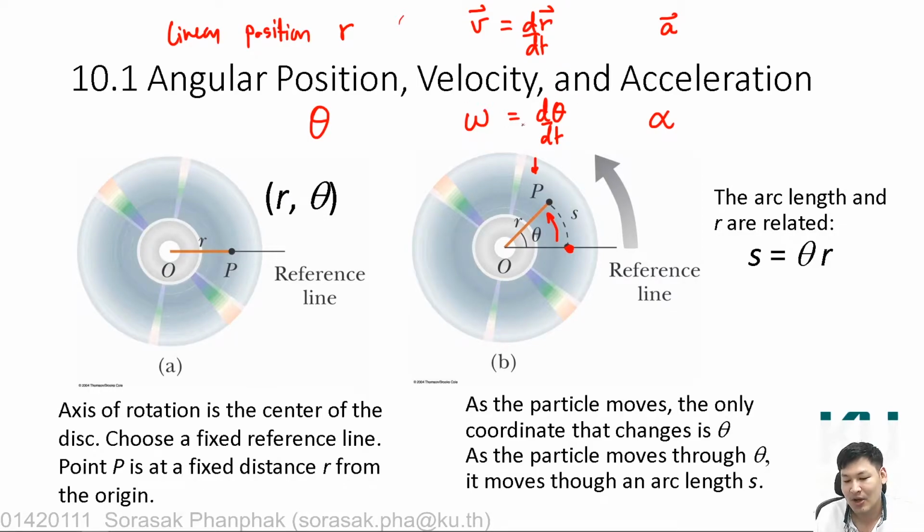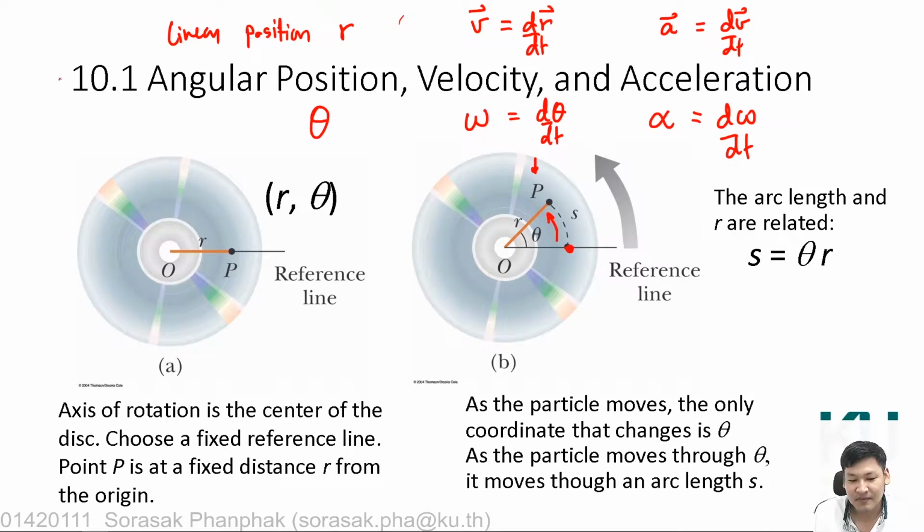I will teach you how to identify the direction of the angular velocity later. For acceleration, if you differentiate v by dt, you get a. In this case, if you differentiate omega by dt, you get the angular acceleration. We will cover this relation in more detail in a later session.